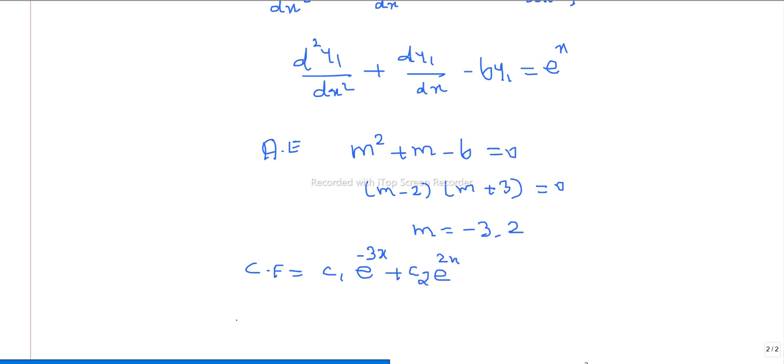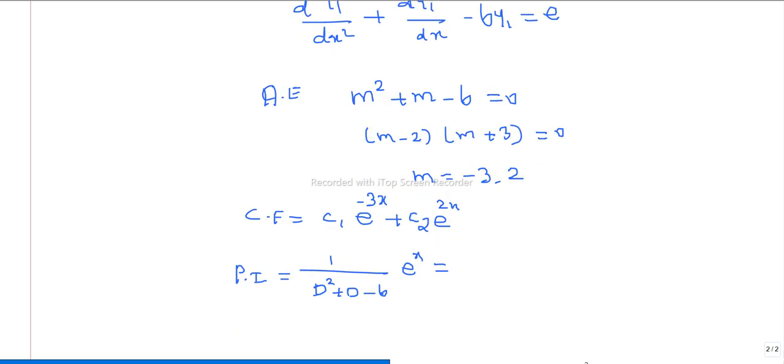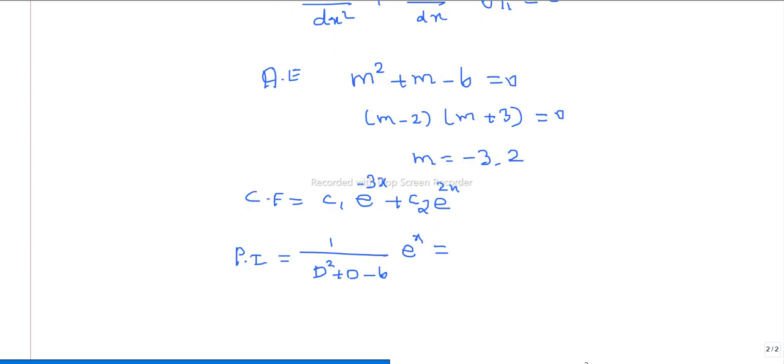Now what is the particular integral? The right hand side function is e power x, therefore 1 by (D square plus D minus 6) times e power x. So just substitute D equal to 1. We get 1 plus 1 minus 6, which is minus 4, so minus 1 by 4 into e power x.